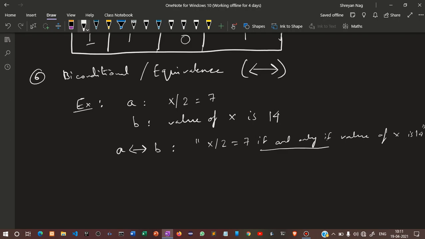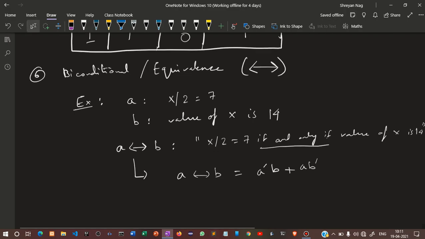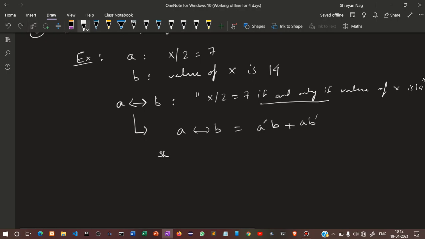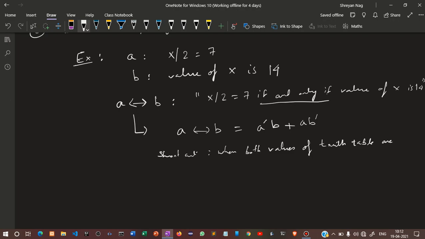So this symbol can also be represented as negation of A multiplied by B plus A into negation of B. Another shortcut is that when both values of truth table are same, then put 1 on the output.